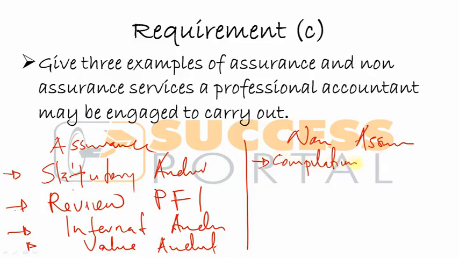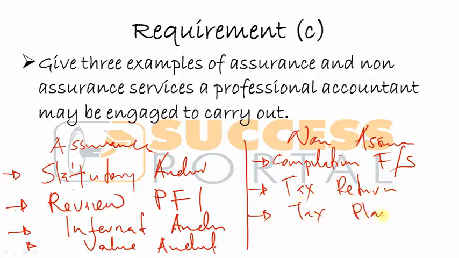We can do that. Compilations of financial statements, tax returns. We can also help them, advise them on tax planning. So some of the items that accountants can do, those that are non-assurance, are those.